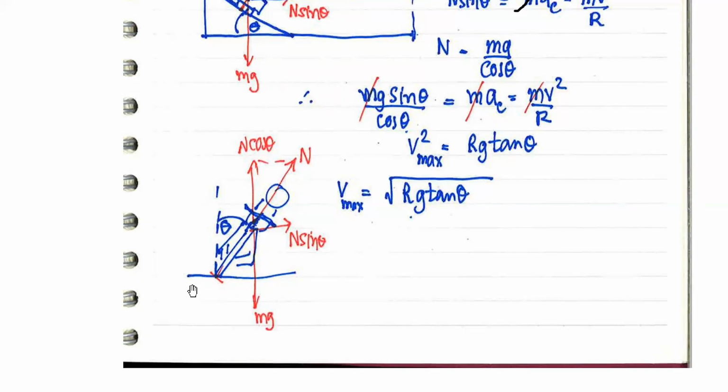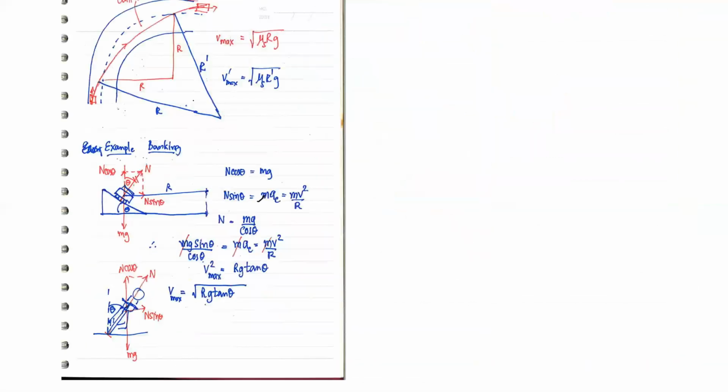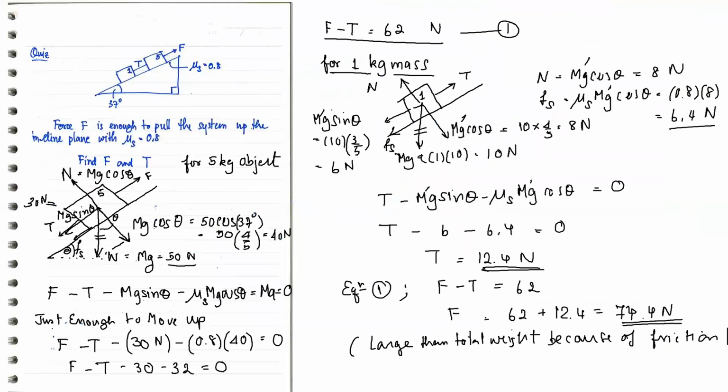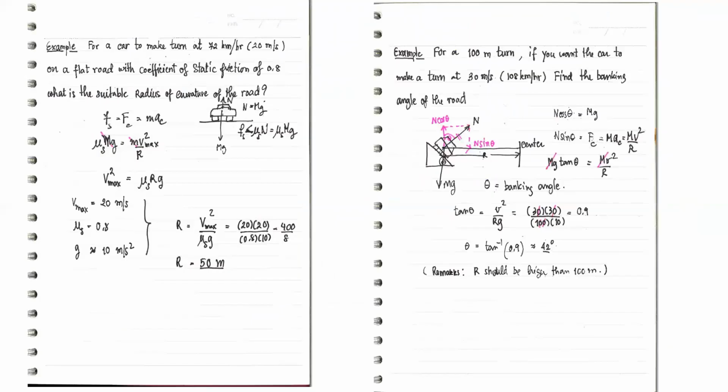But still, if you're riding a bicycle or a motorcycle, sometimes when hitting the curve, you feel that. Now, let's take a look at another example that relates to those two special cases.